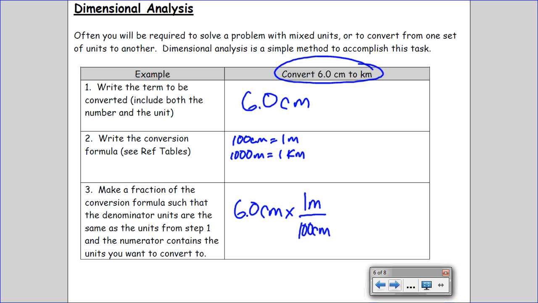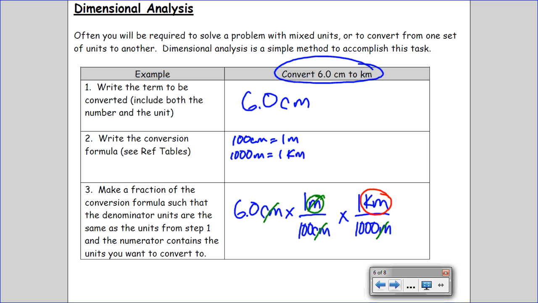You can see in this way that the centimeters are going to end up canceling. Okay, and this is going to end up with the units that we want to convert to, at least the intermediate step. There would be another fraction here where we'd multiply by 1 km over 1,000 m, and the meters then would result in a cancellation, leaving us with the final units of km.